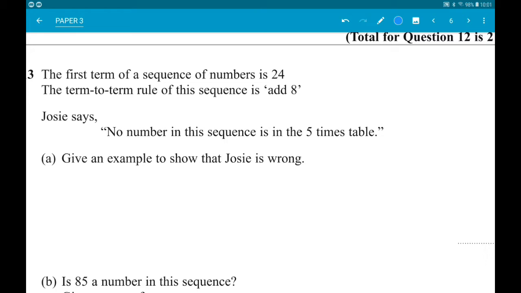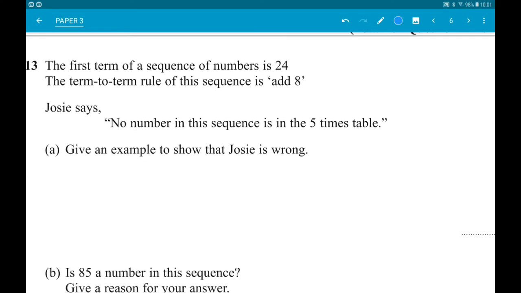Part A, give an example to show that Josie is wrong. So if we get the second term, it will be 32. So the fourth term is 40, which is a multiple of 5.